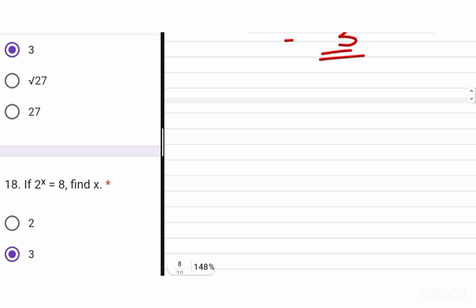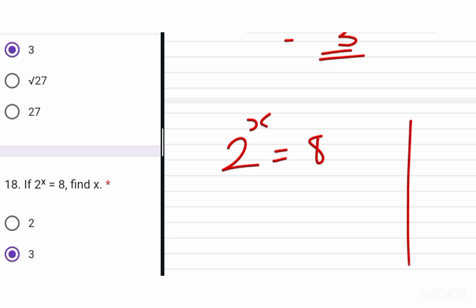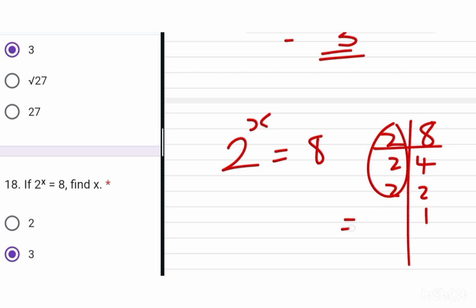Question 18. If 2 raised to power x equals 8. To solve this, find a way of making 8 in its index form. So that gives us 2 times 2 times 2, which is equal to 2 raised to power 3. Now we write 8 as 2 raised to power 3.